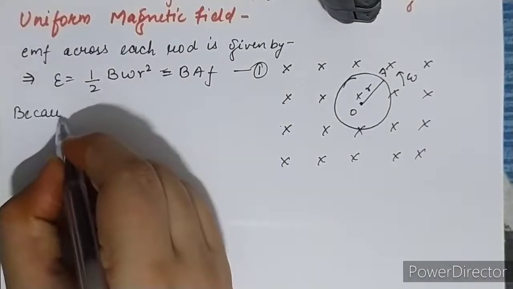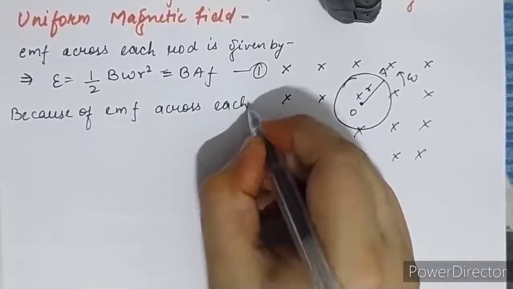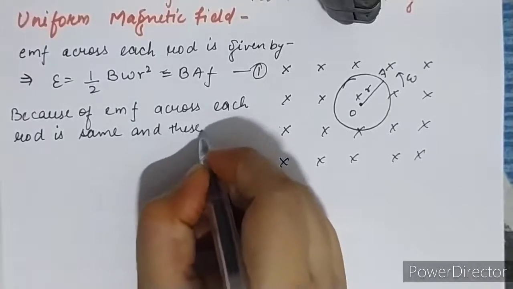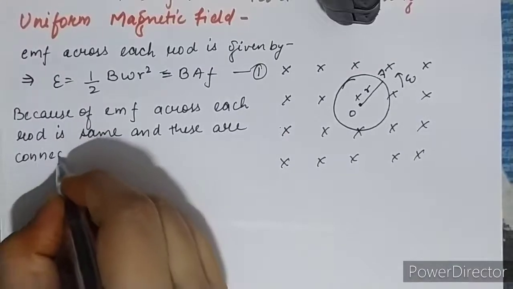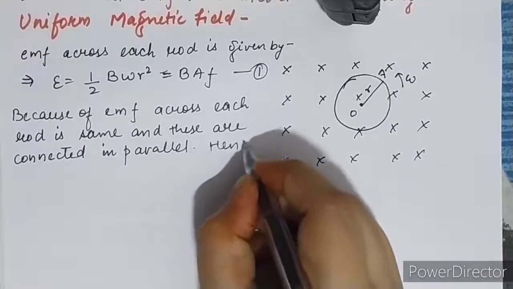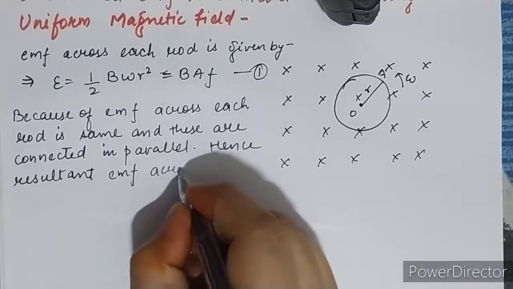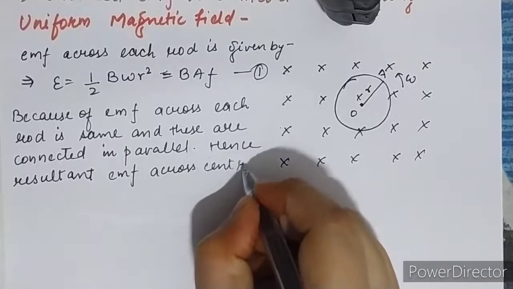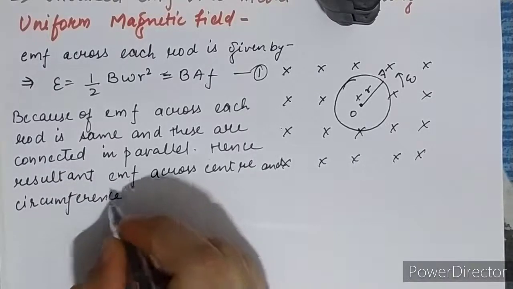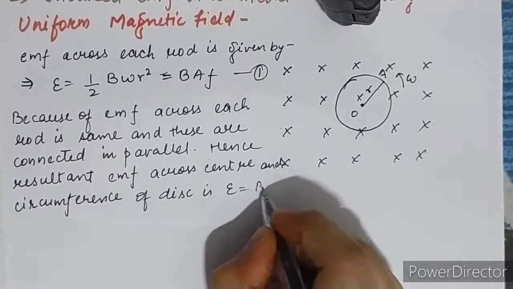Okay. Now, because the EMF across each rod is the same and these are connected in parallel, hence the resultant EMF across the center and circumference of the disc is equal to BAF.